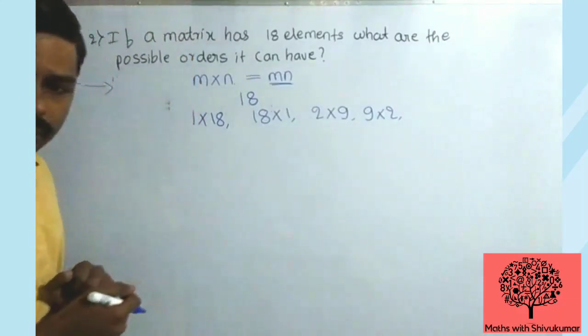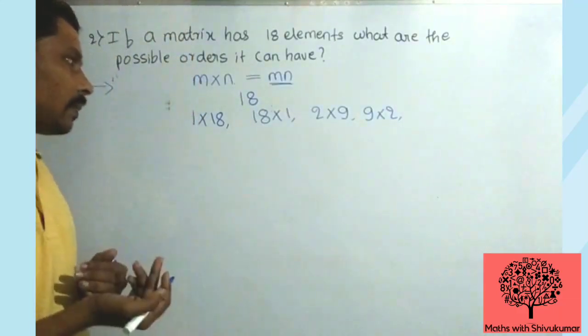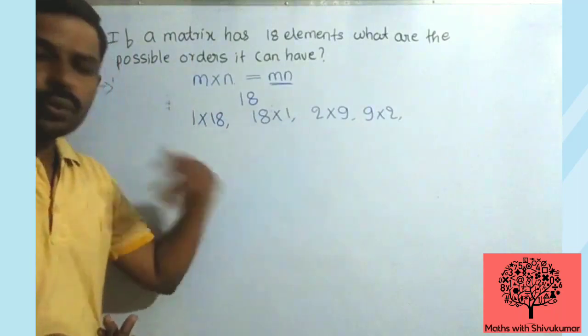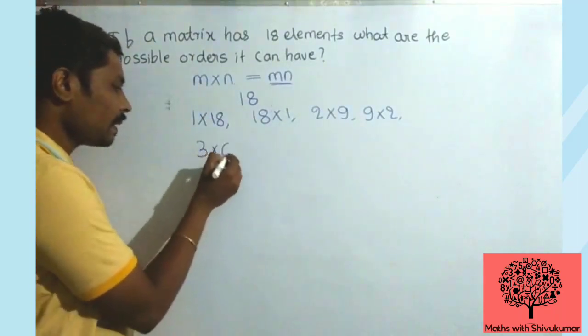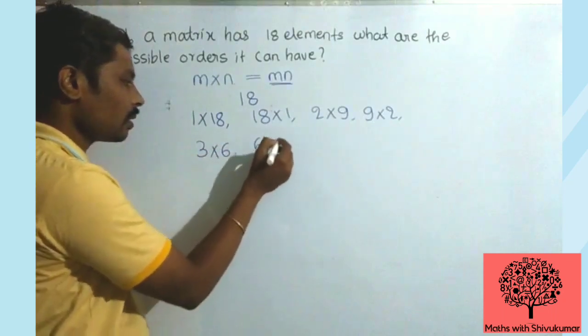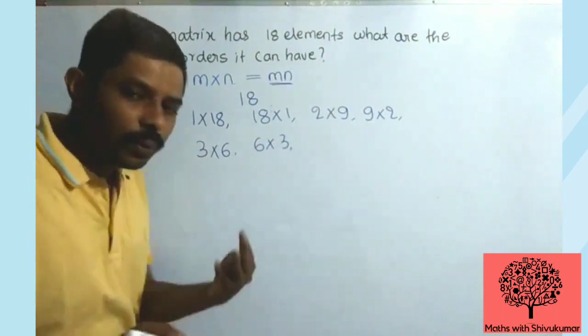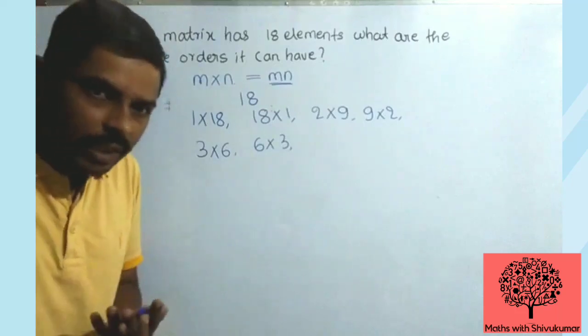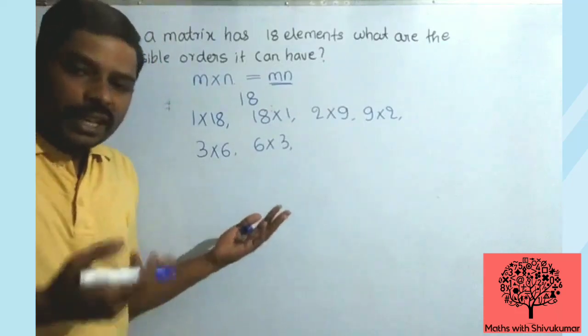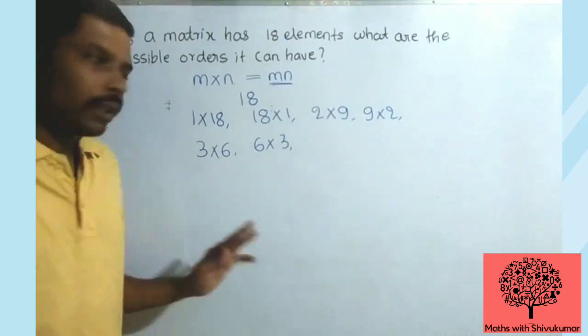Yes or no? After this, 1 is over, 2 is over, go for 3. Like this you check. 3 cross 6, 6 cross 3. Next with 4 is it possible? With 5 is it possible? With 6 is it possible? Already over. 7, 8, 9. Any possibilities are there? No.